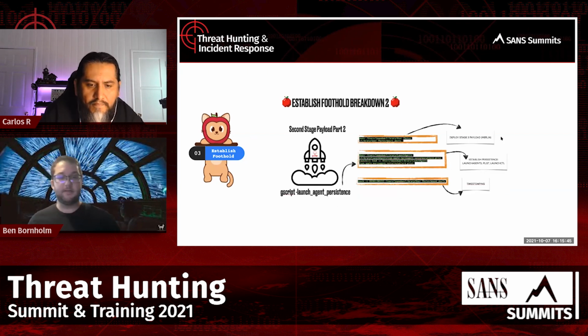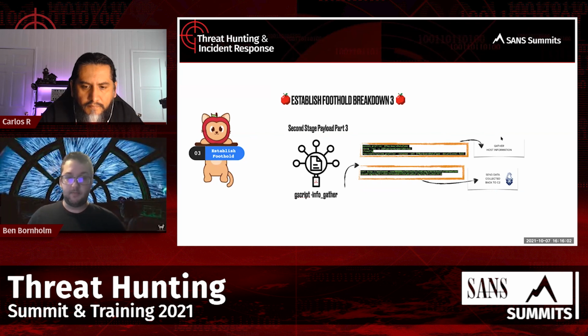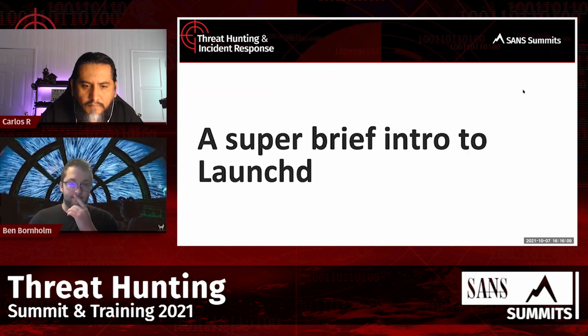After that stage, it moves on to deploying a payload and then placing the actual persistence, which is a launch agent, which we'll be talking about in a little bit, and then doing some timestomping to thwart some forensics. And then the last part of the malware is it gathers some post information and sends that data back to the C2.